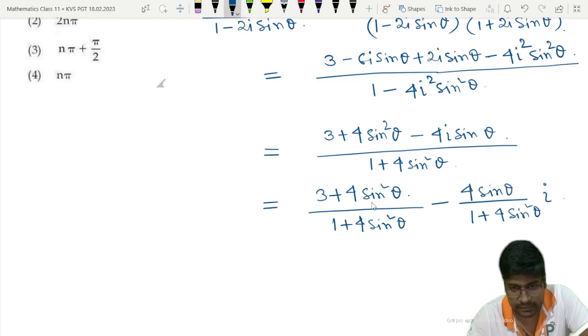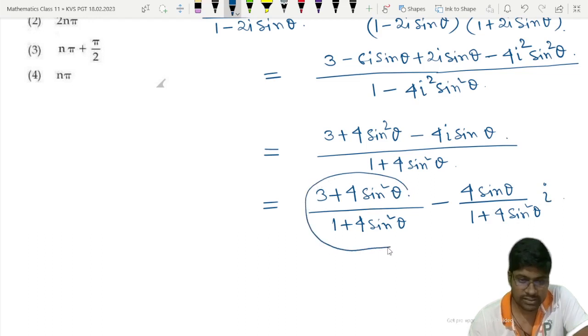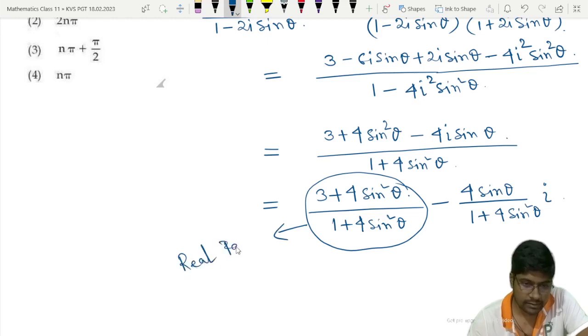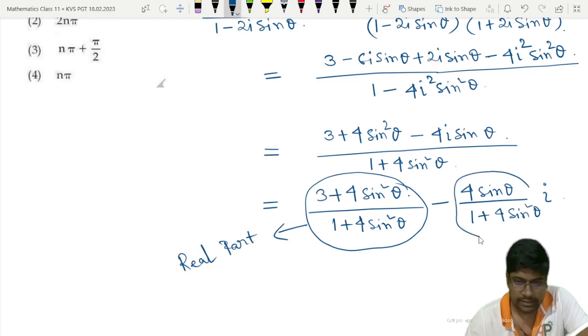So this is in the form a plus ib. This is the real part, and this is the imaginary part.